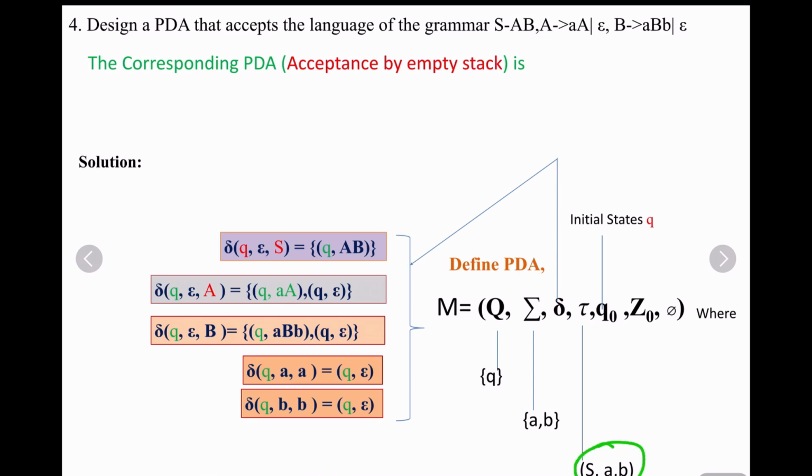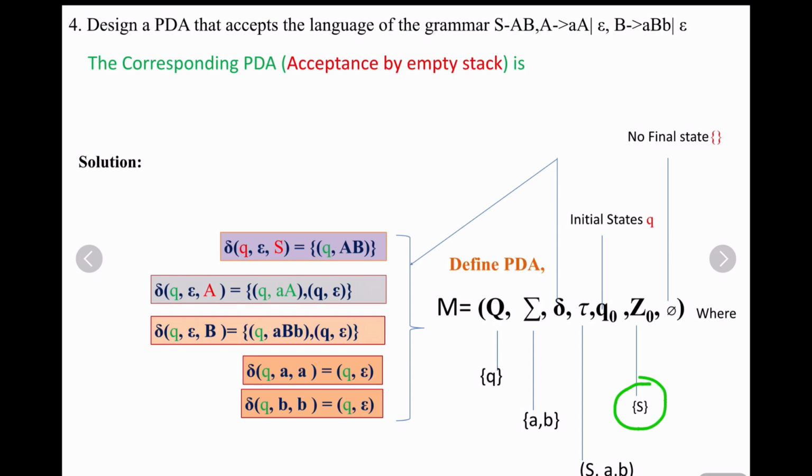These are S, A, B, and a comma b, the stack alphabet. Another case is Z being the stack symbol, initializing the stack directly, and there is no final state at all. I hope you understand this.